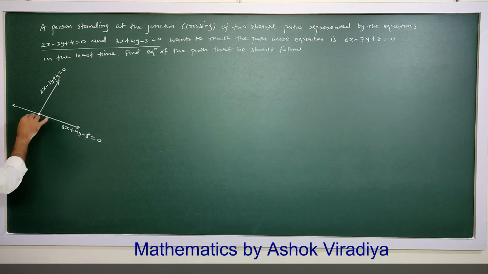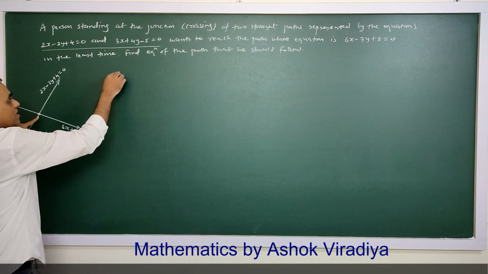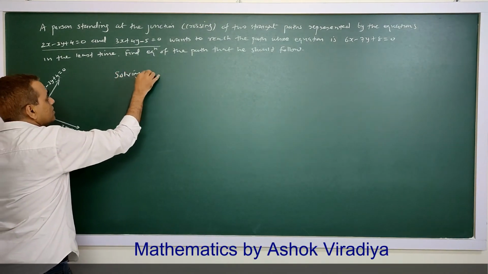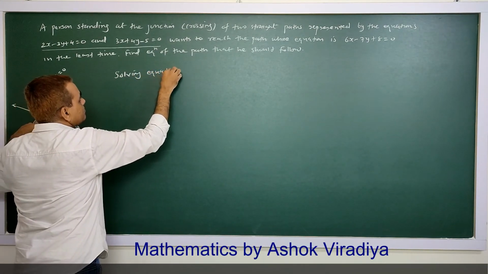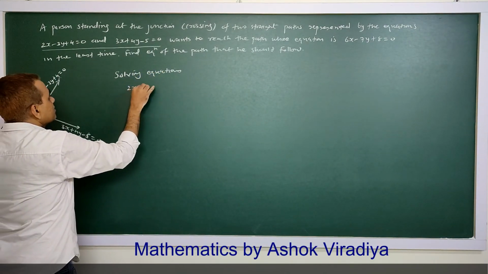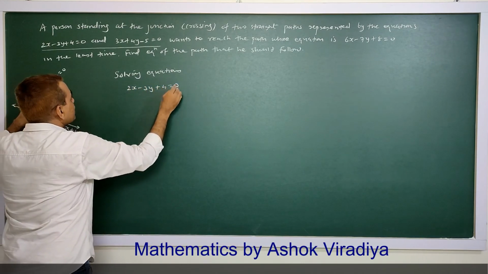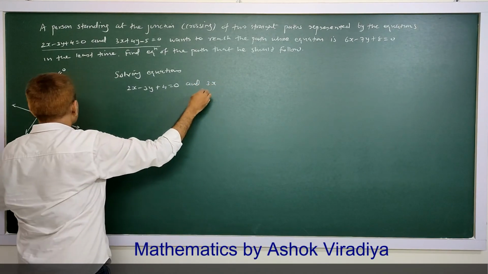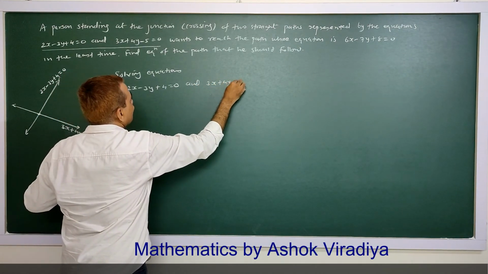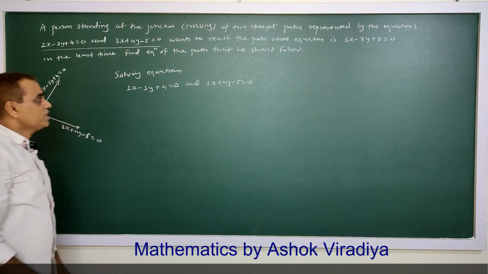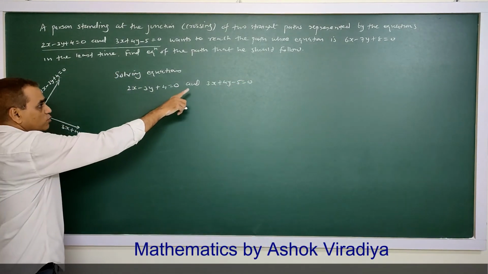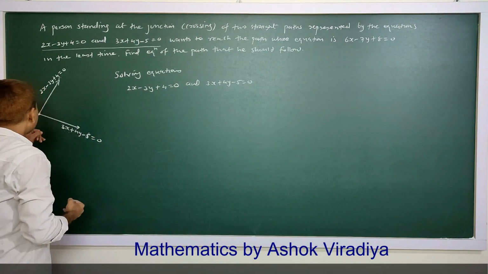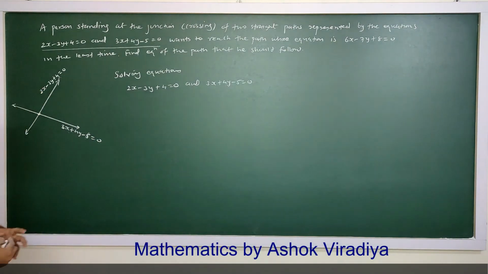So first of all we find location, means coordinates of this point. So here we solve these equations. 2x minus 3y plus 4 equal to 0 and 3x plus 4y minus 5 equal to 0. Observe these equations. We want to solve this to obtain location of junction.